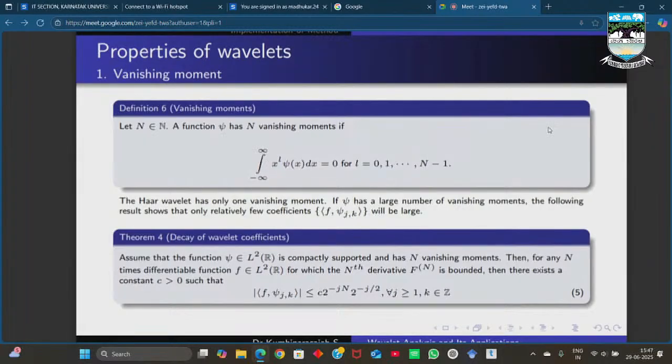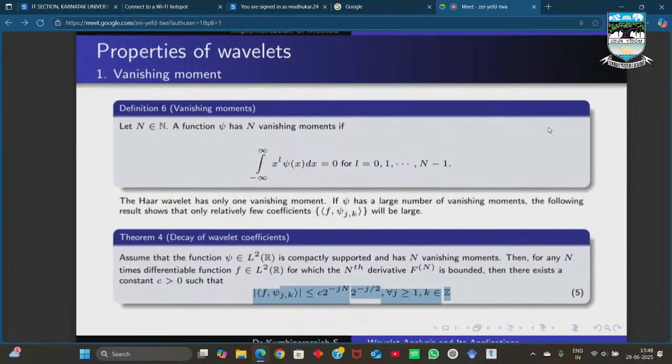Assume that the psi is from your Hilbert space and is compactly supported with n vanishing moments. Then for any n times differentiable function f belonging to your Hilbert space, for which the nth derivative f^(n) is bounded, there exists C satisfying equation number 5. That means when j times n tends to infinity, with more vanishing moments, this approaches 0.